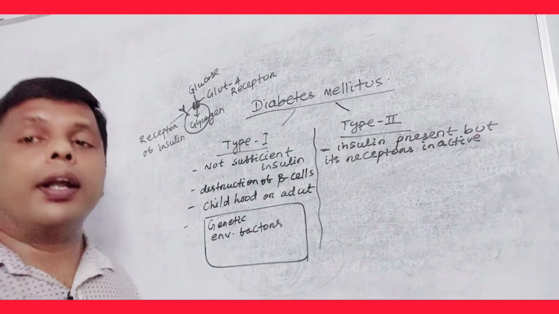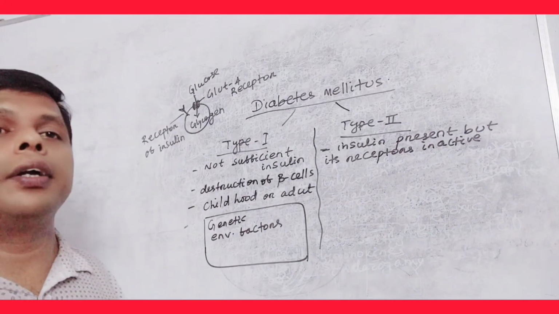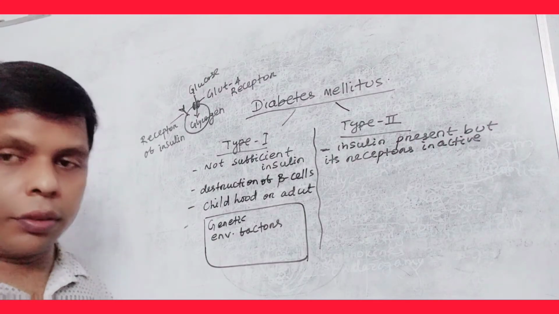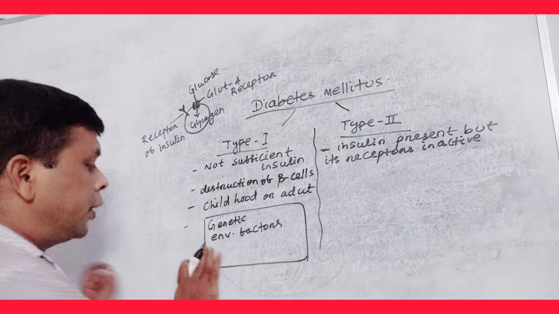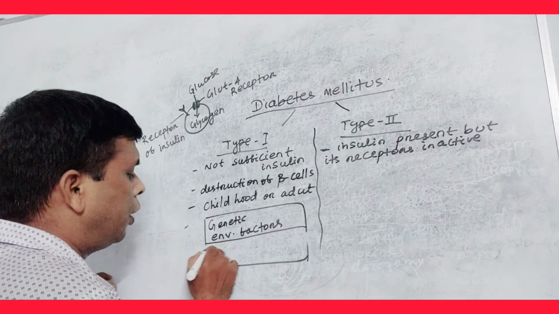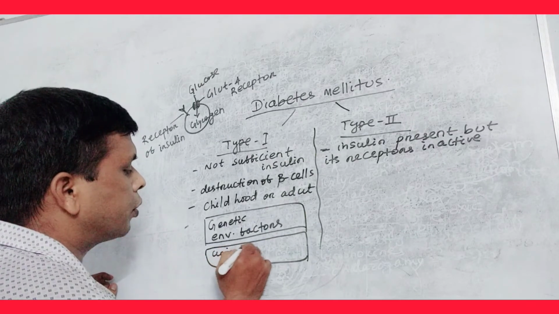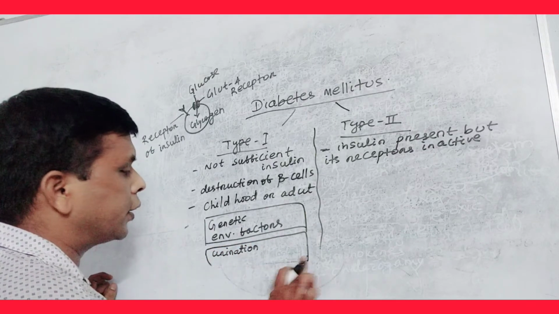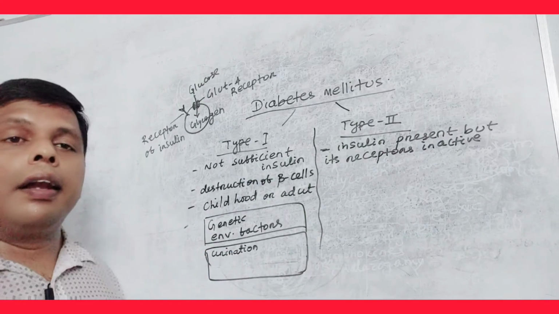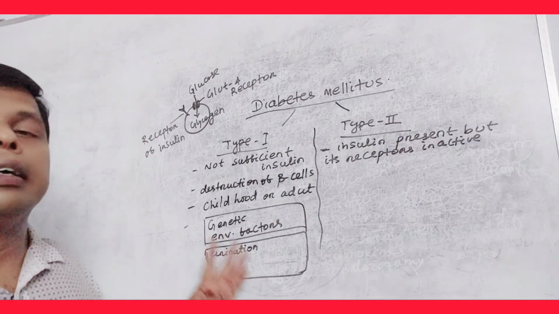What are the symptoms in this type 1 diabetes? I have already told you, the major symptoms are increased urination, tiredness, and thirst.